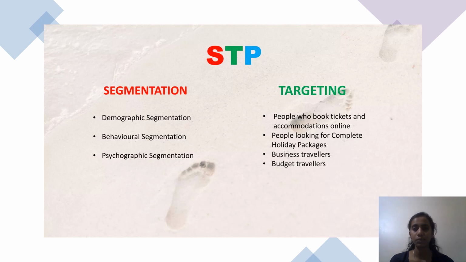These are the three types of segmentation used in MakeMyTrip operations. And coming to the targeting, there are people who book tickets and accommodations online, people looking for complete holiday packages, business travelers and budget travelers. There are many types of targeting. For example, these are the four types of targeting where different types of travelers will come under this.